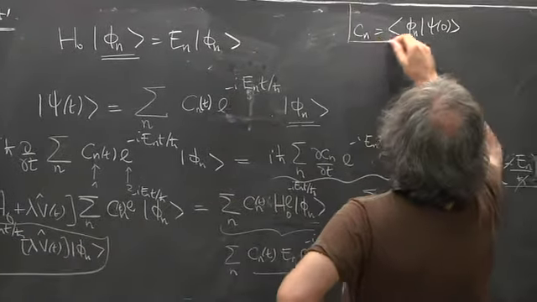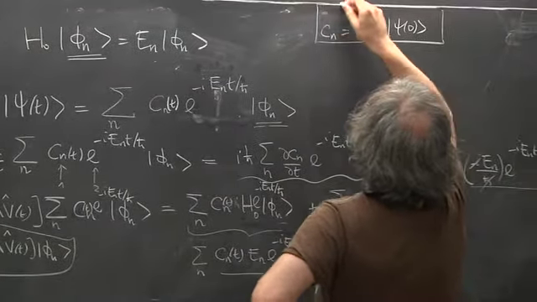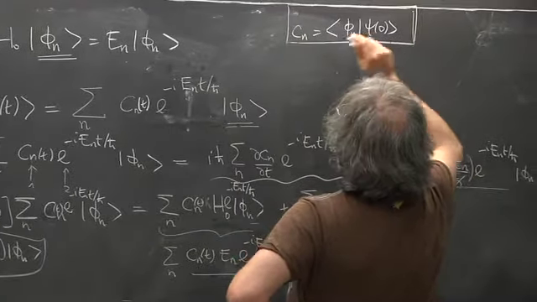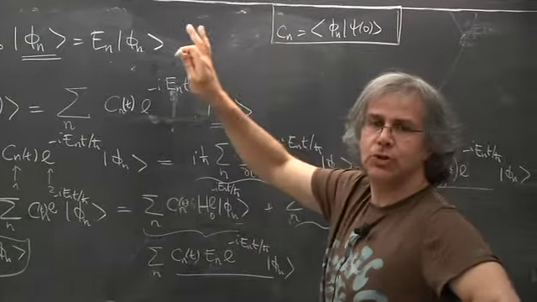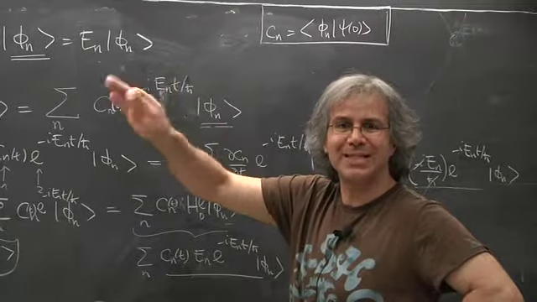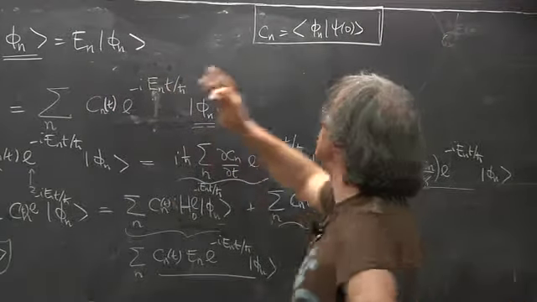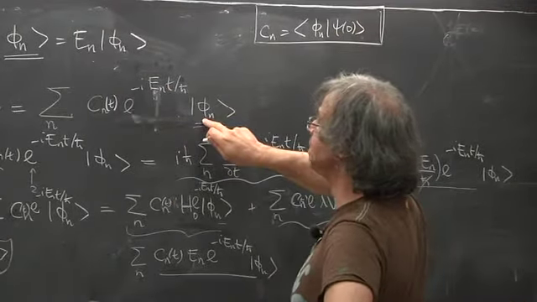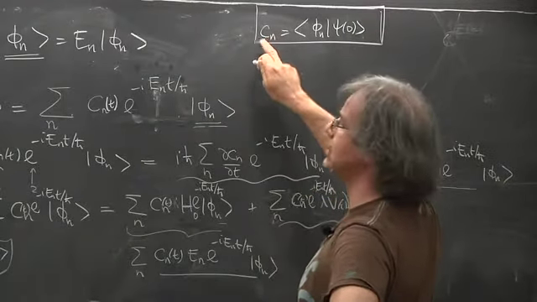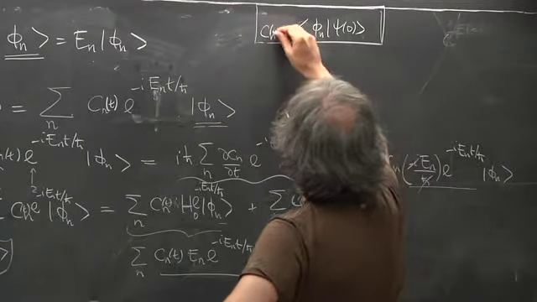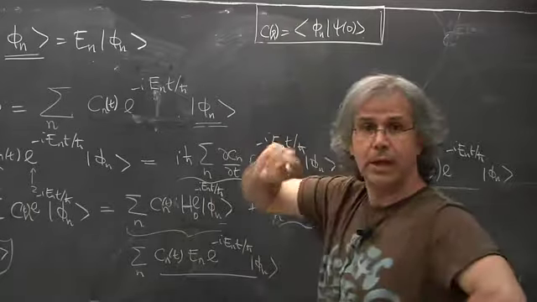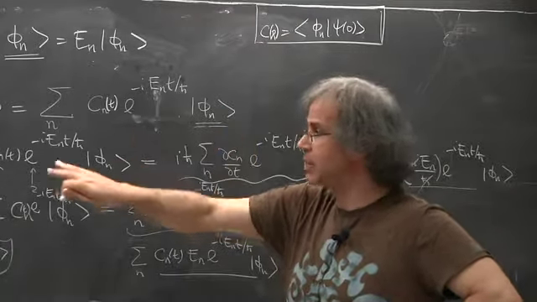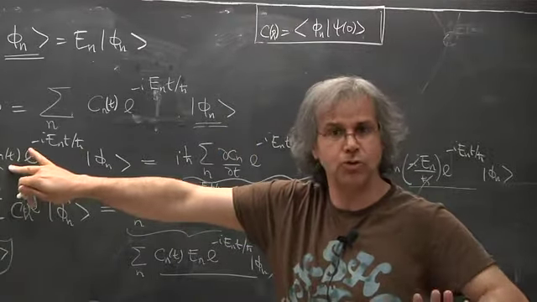What I told you is, if you want to express any initial state, psi 0, in terms of this basis, then you calculate the Cn in this way. But these are the Cn at time 0. Then how do they evolve? It's something that is in principle non-trivial.